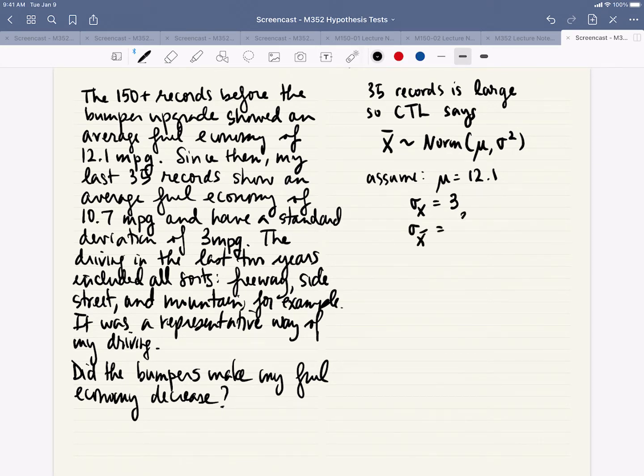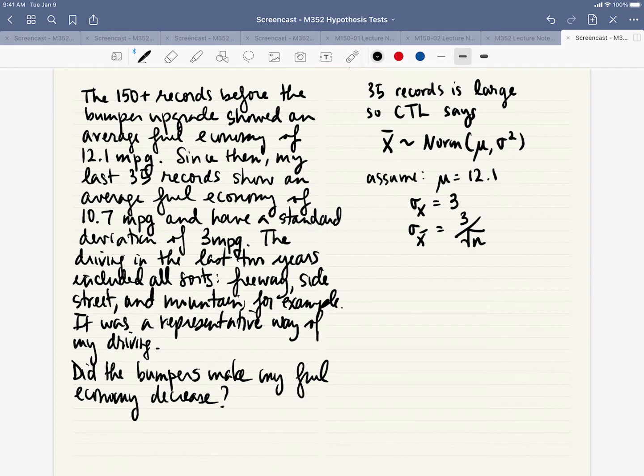Well, we know that for the standard deviation, sigma bar is going to look like this. Here we're making an assumption that because our data set is large, the standard deviation is going to be very close to or equal to the sample standard deviation.